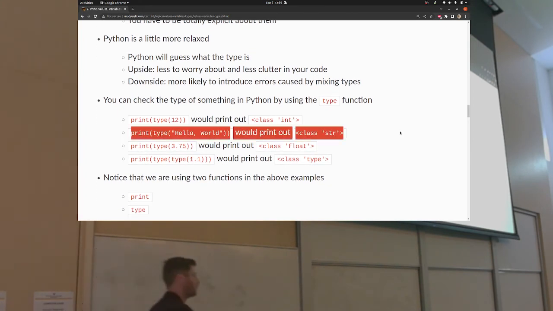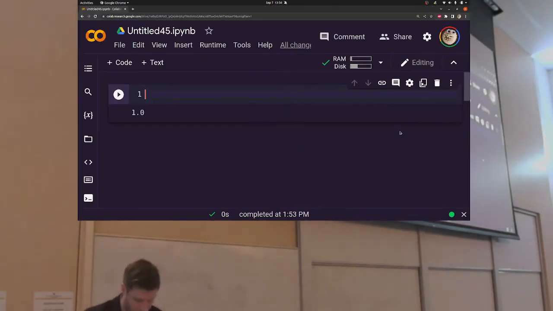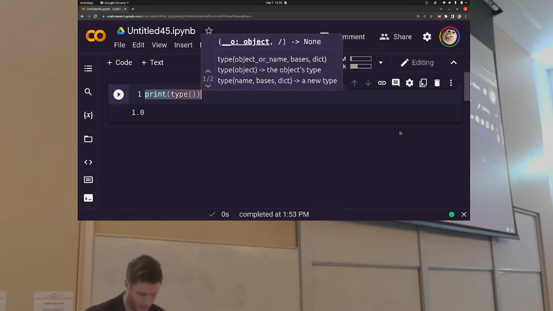So, we know about print. It's a function to just print stuff. And I'm going to show you another function. Here's the second function you're going to learn about, called type. And it'll actually tell you the type. Well, here, let's print out the type, so I'm nesting functions right now.